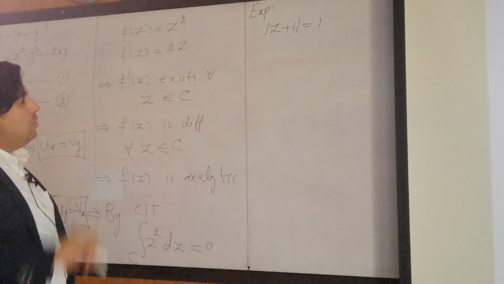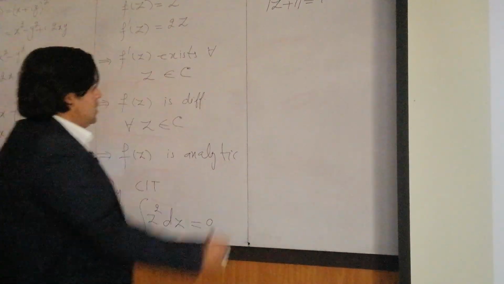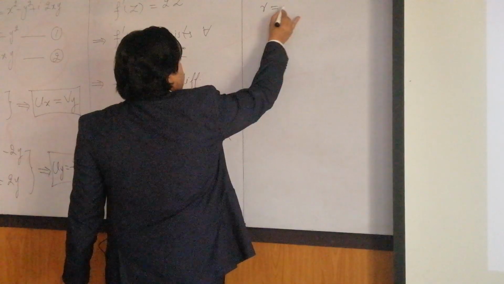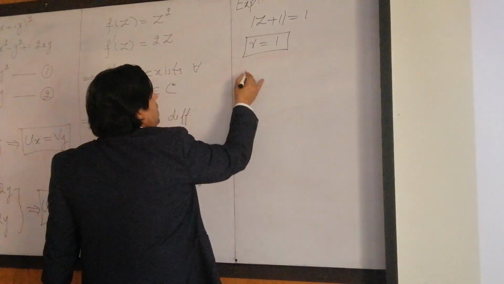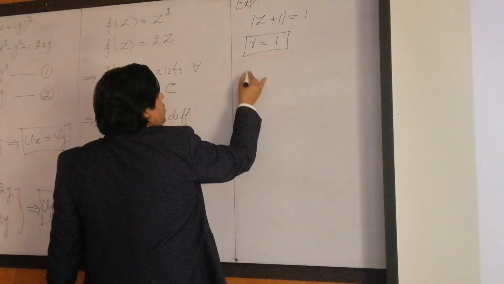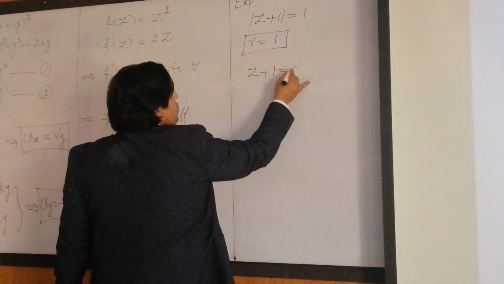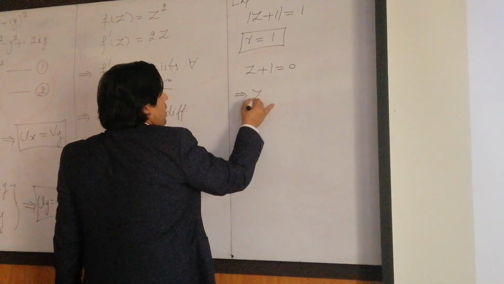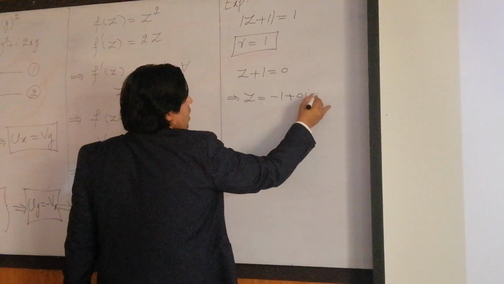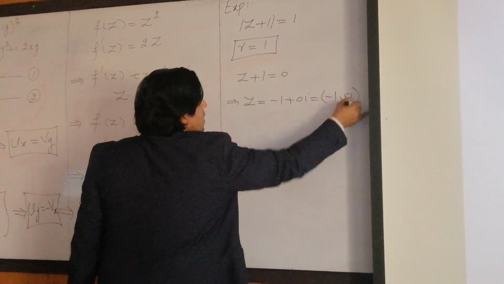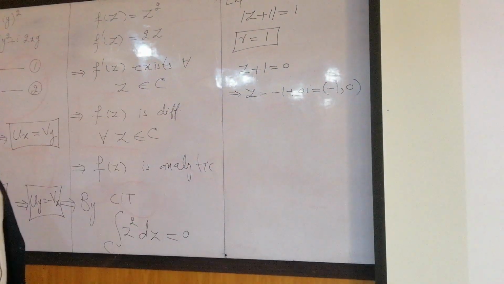So again we have to find the radius. The radius in this case is equal to 1, and now we have to find the center. For the center we put z plus 1 equal to 0 and solve this equation, which gives z equal to minus 1 plus 0 iota, and we can write that this is minus 1 comma 0.